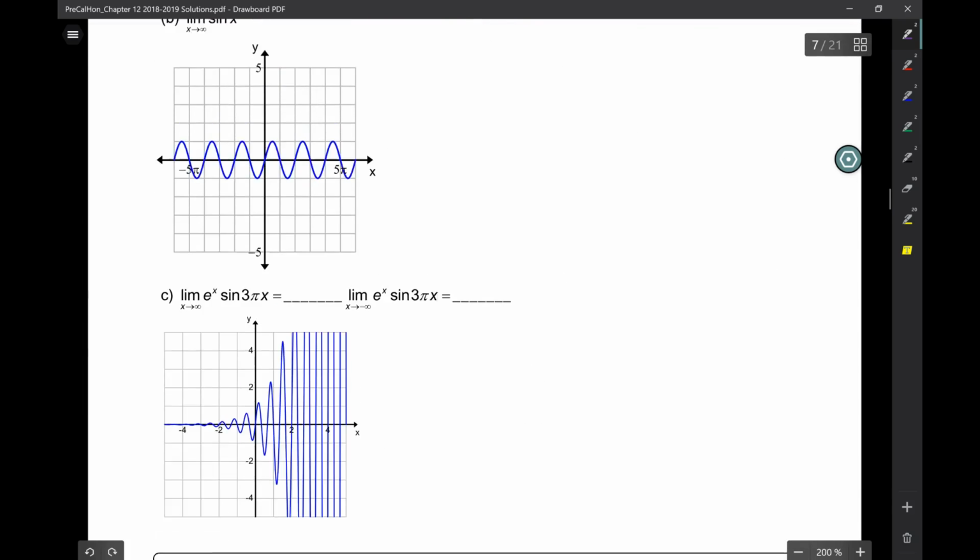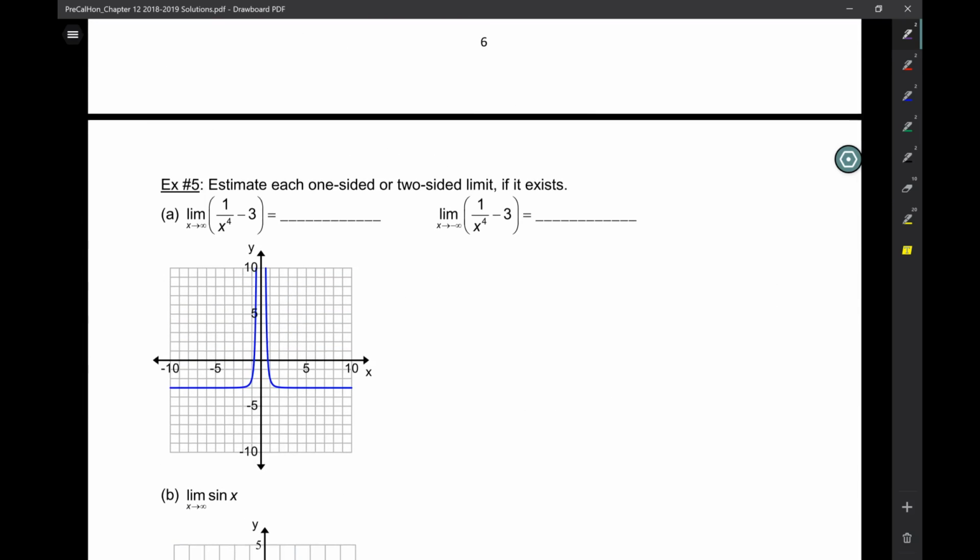Okay, and the very, very last thing. So far, I've always been saying as x approaches 0, as x approaches 3, as x approaches 5. Now, let's get away from that. Let's talk about end behavior. What happens to this as x approaches positive infinity?